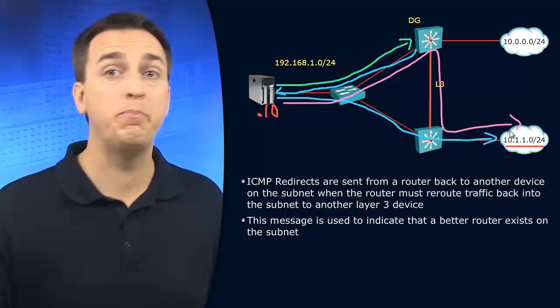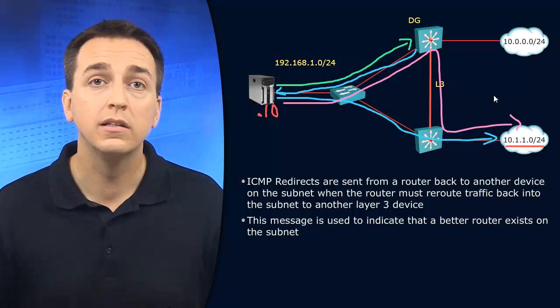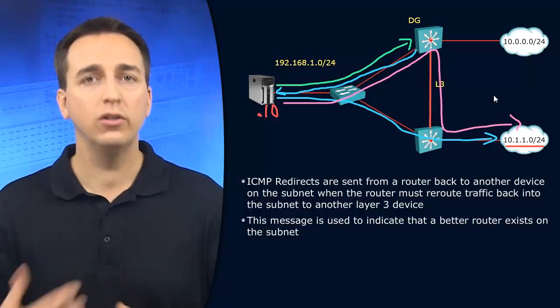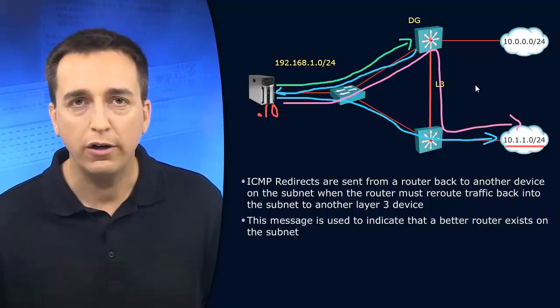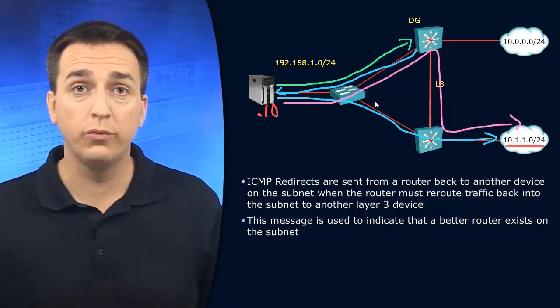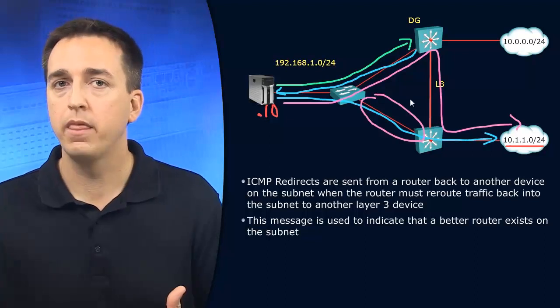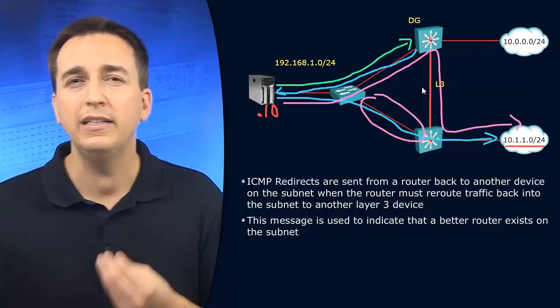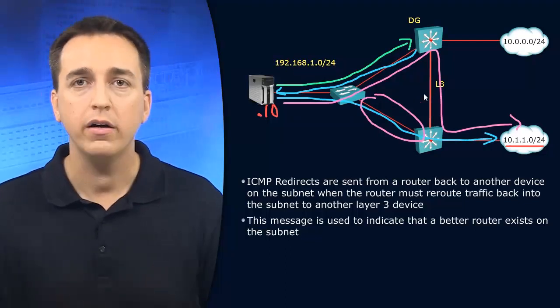Now, is that better? Well, it's better than using the ICMP redirects, but it's not the best solution either, because we're crossing back down through that other router, which is really directly attached to our subnet anyways down here. So design is really important if you want to avoid ICMP redirects, but they are available.